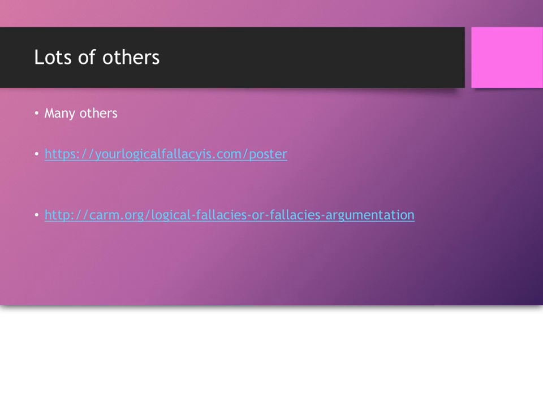And by the way, a lot of them are the same logical fallacy but different names. So appeal to the popular might be called bandwagon, or it might be called something else rather than appeal to the popular, but it's the same idea. Okay? A fallacy of fallacies is phrased differently in some cases.